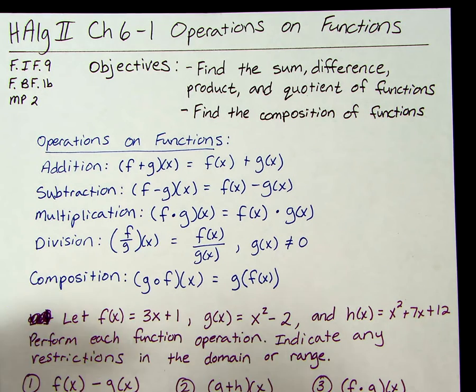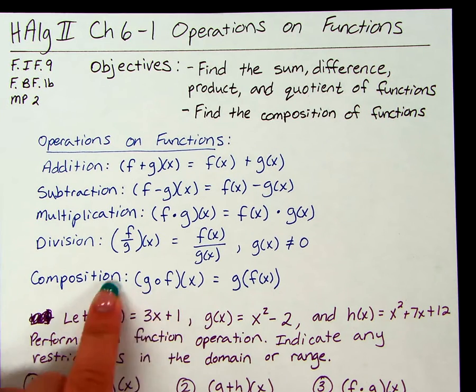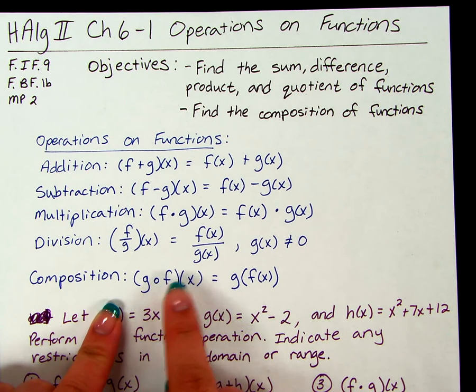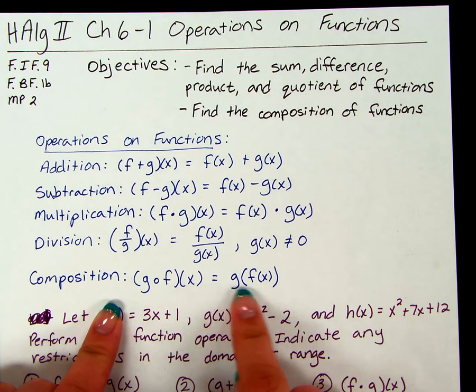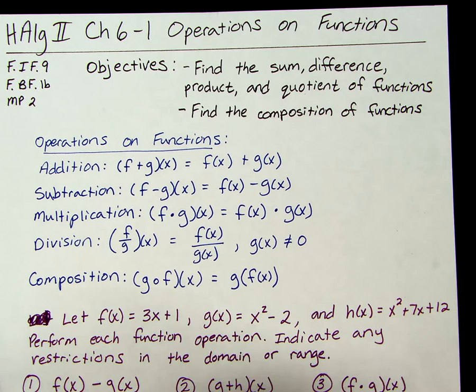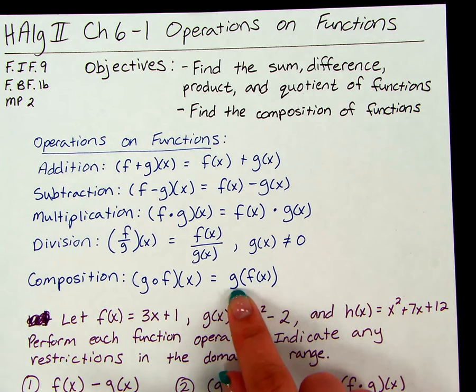Now the only new one here is going to be this composition. A composition is read as g of f of x, and this is another way to think of it. So again, g of f of x. A composition is telling us to substitute the f of x equation into all the variables in the g of x equation.